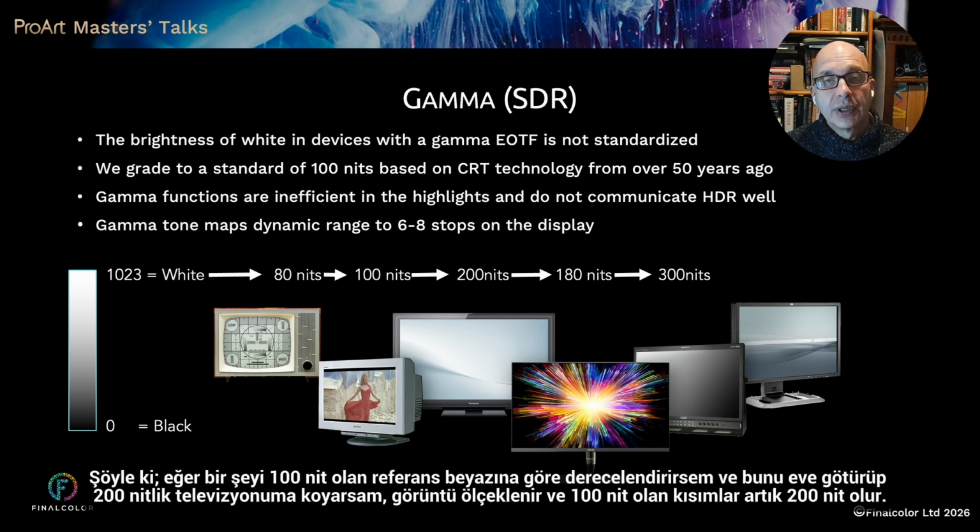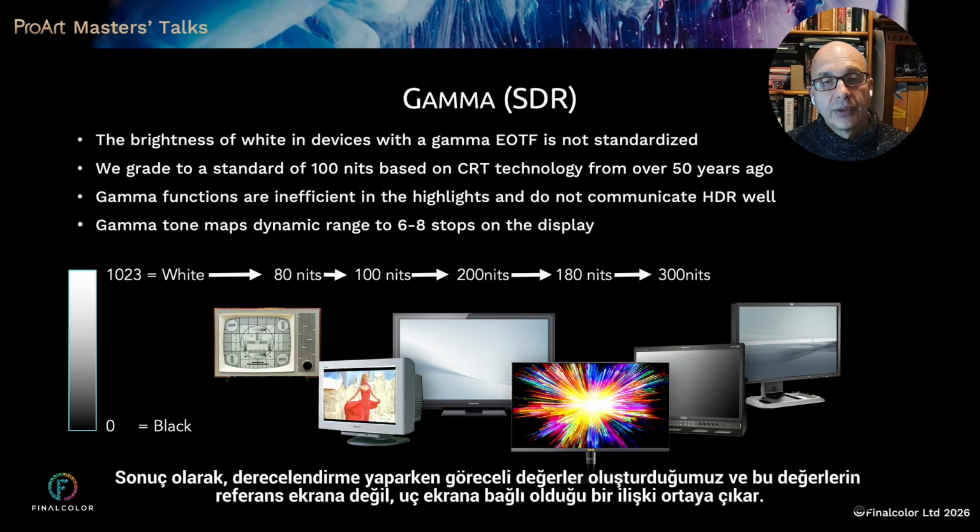Right? So if I grade something at reference white, which is 100 nits, and I take it home and put it on my TV that's 200 nits, then what happens is the image scales and things that were 100 nits are now 200 nits.